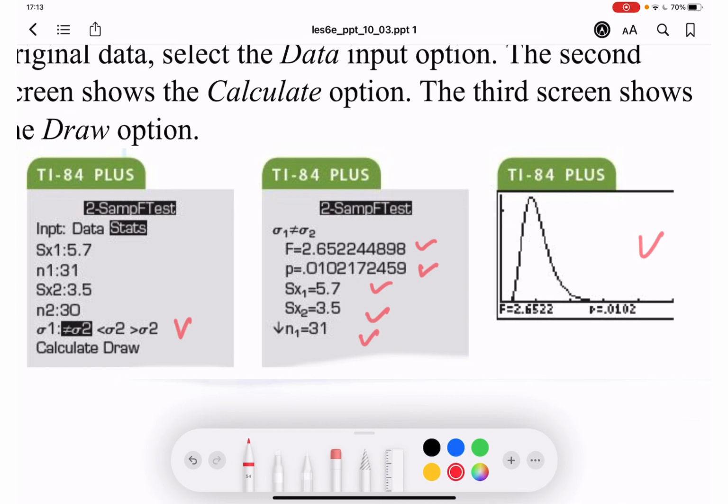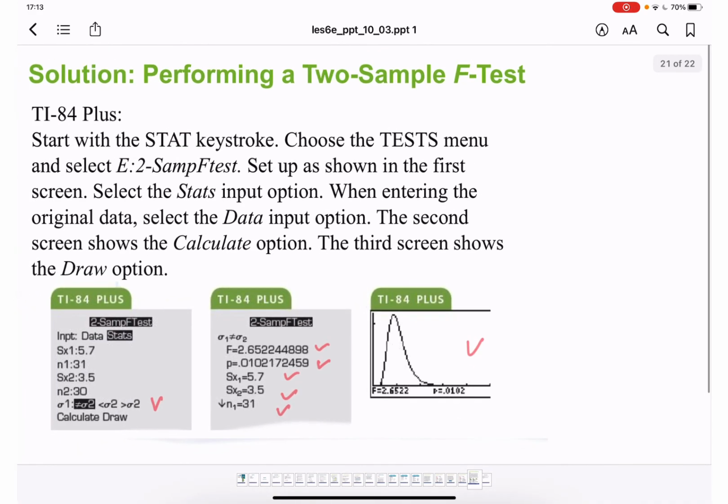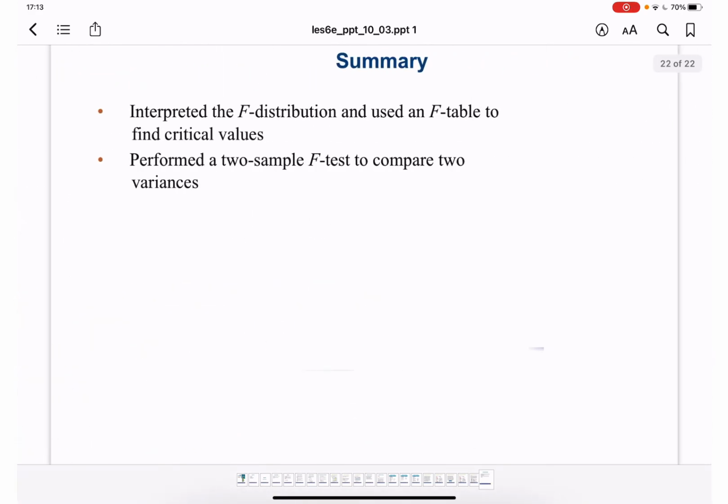One is the alternative, the other one is the null hypothesis, and you get the results. So let's move on.